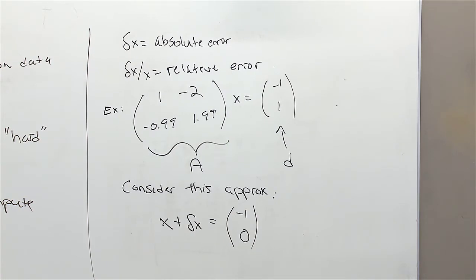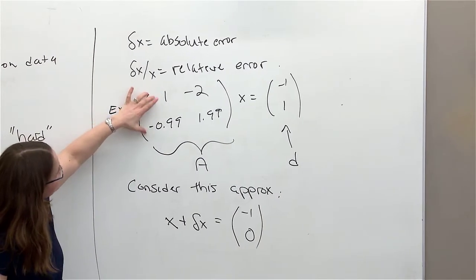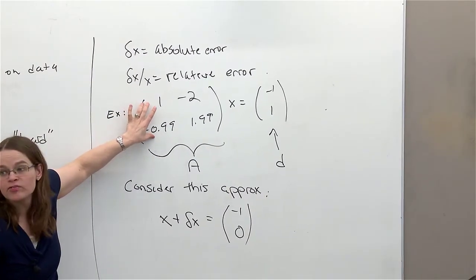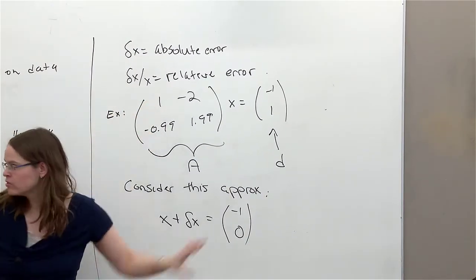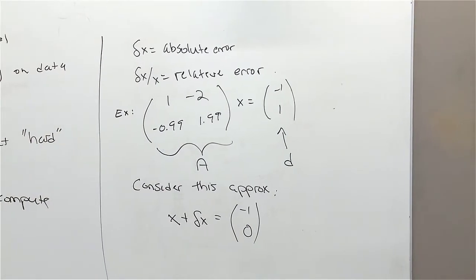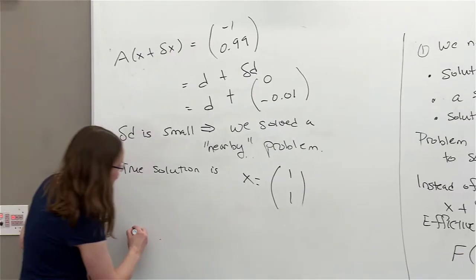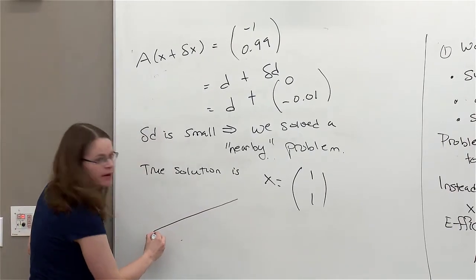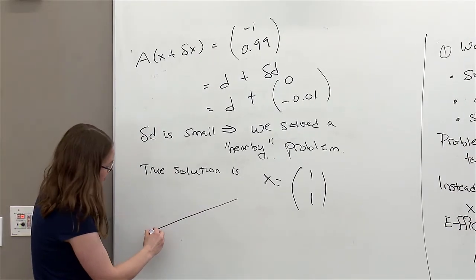The matrix is close to singular. So this is an invertible matrix, but if you look at these rows, they're almost the same. So it's not singular, but it's close. When I say we're solving for the intersection of 2 lines, these 2 lines are nearly parallel. They're not quite parallel, but they're nearly parallel.